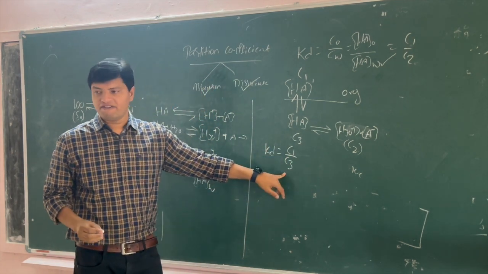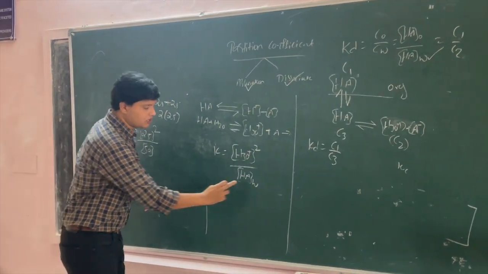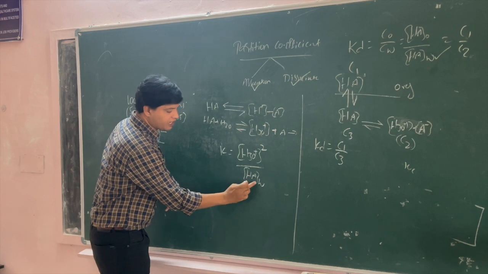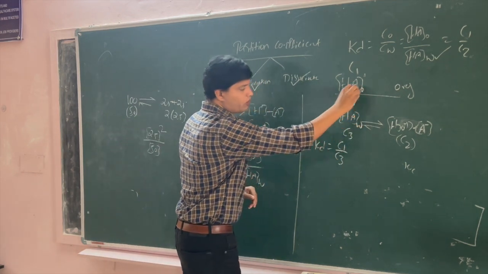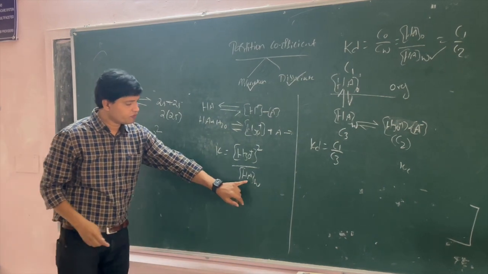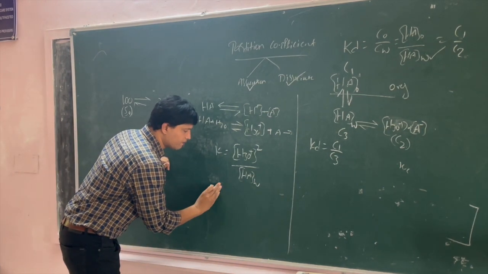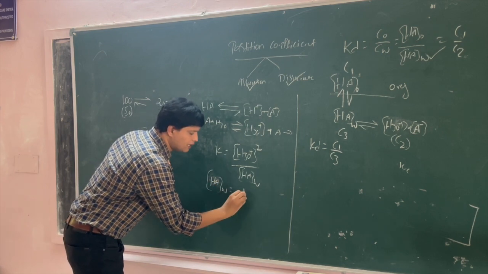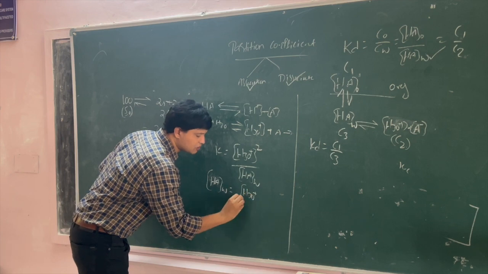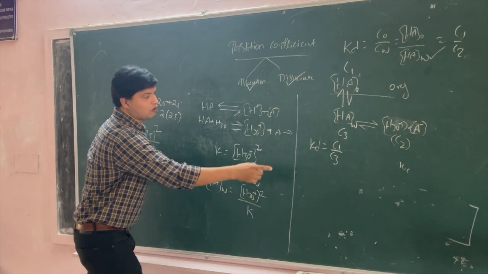Find the value of C3. Come back here, that's what we are doing. C3 here is HAW. Find the value of C3. So take this here, send this here. So HAW is equal to H3O plus square divided by K. What is H3O plus square?